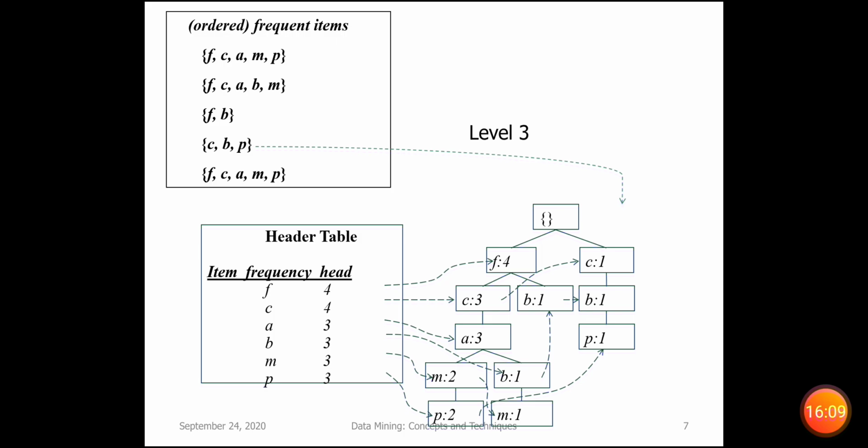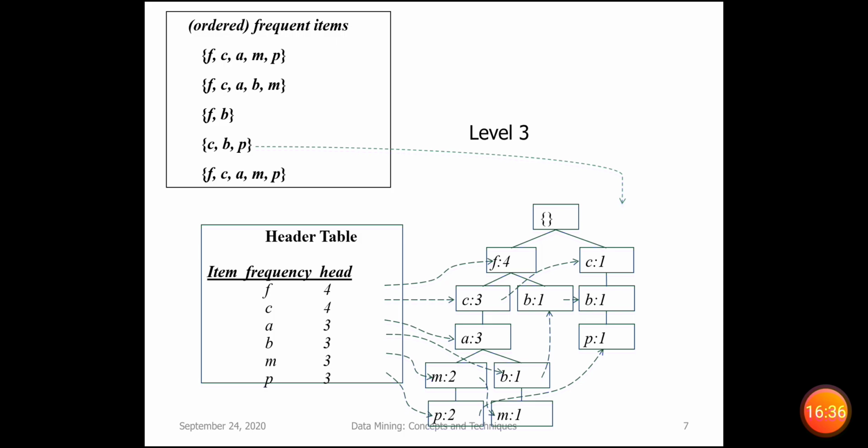Next transaction in the ordered frequent items is already available. The first transaction and the last transaction are both the same, so we don't need to create any new structure. This is the FP tree. Here you can see that each and every path is a frequent item set.